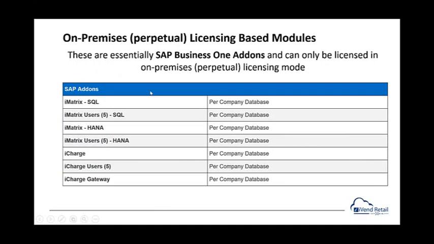And then we have the last bit, which is my on-premise or perpetual licensing based modules. These are essentially SAP Business One add-ons and can only be licensed, as I said, on a perpetual licensing model. So Item Matrix or iMatrix for SQL is per company database. Item Matrix or iMatrix 5-user pack for SQL.